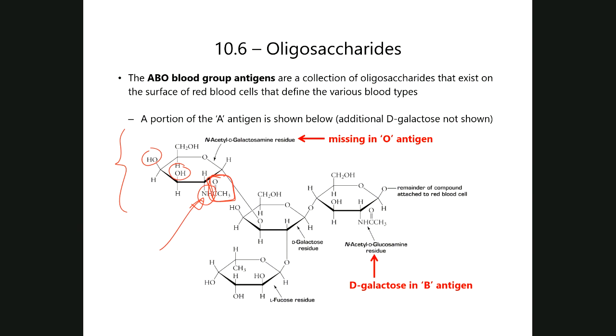We talked about this when we were talking about sugar derivatives. So this is actually an N-acetyl galactosamine serving as that structure. If you have blood type O, that piece is just gone altogether. You don't have it. So that's what's going to make a difference, right? If you have A type, you have it. If you have O type, you don't have it, okay?